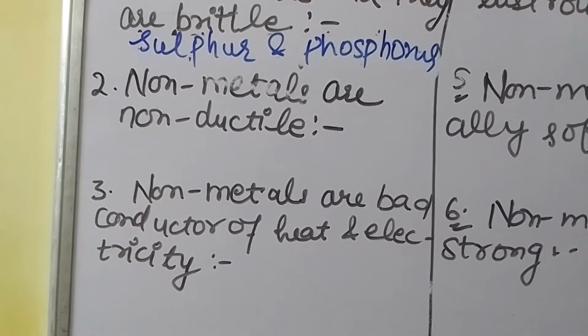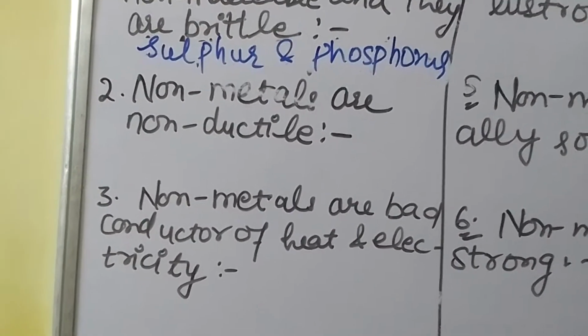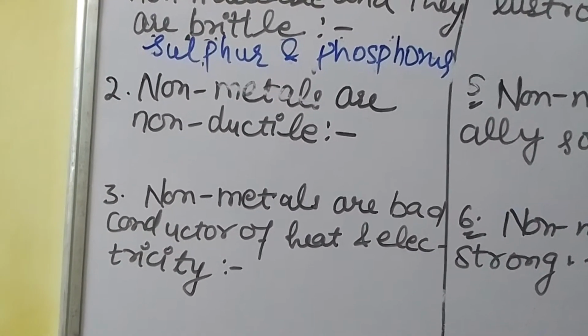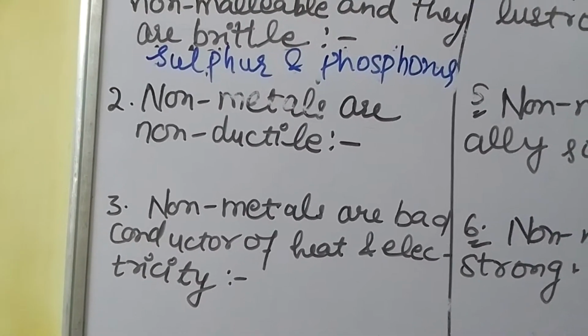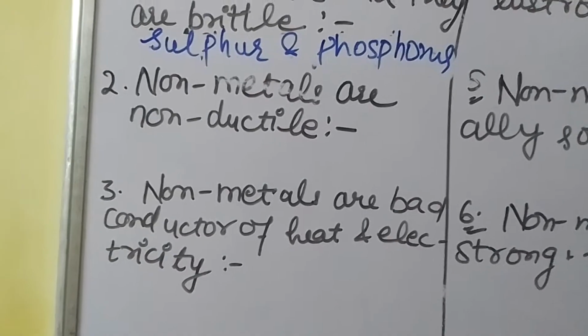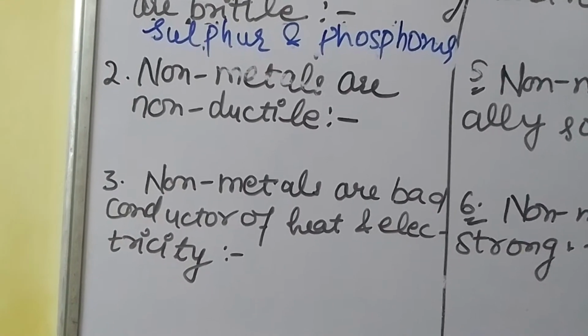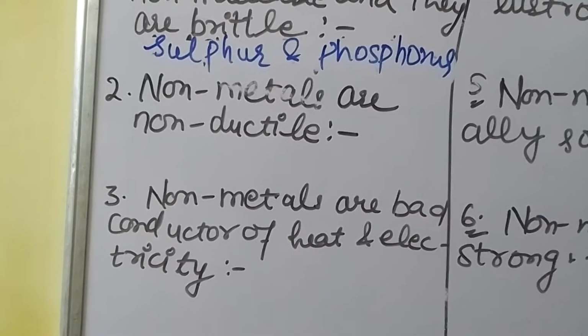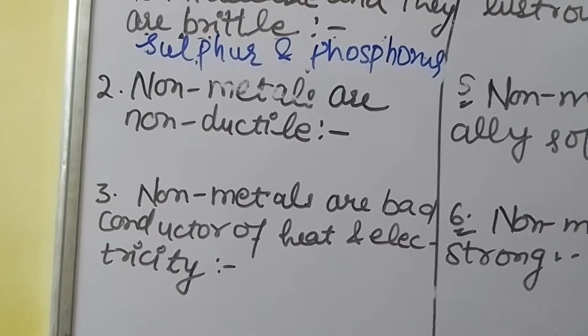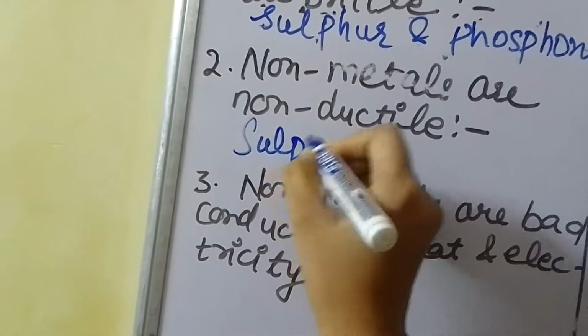But non-metals do not have that property because they are not able to be converted into thin wires. For example, sulfur and phosphorus: when we try to convert them into wires, they break into pieces. So they do not form wires.